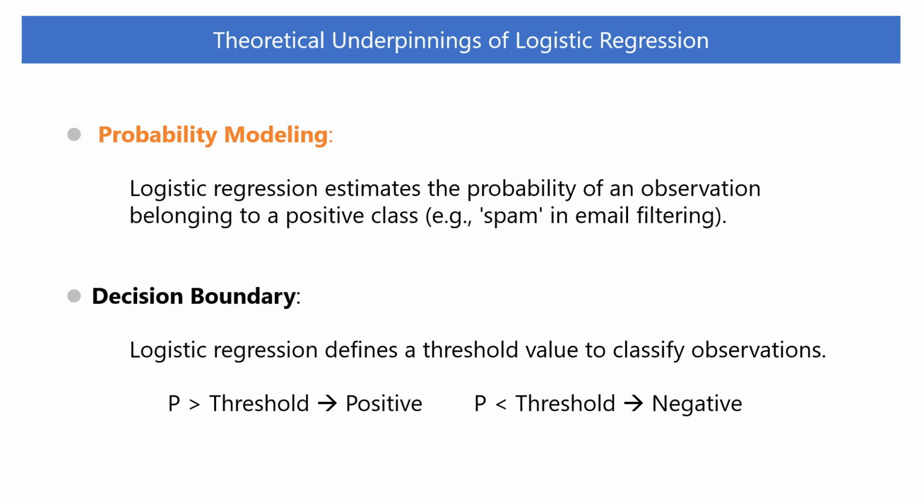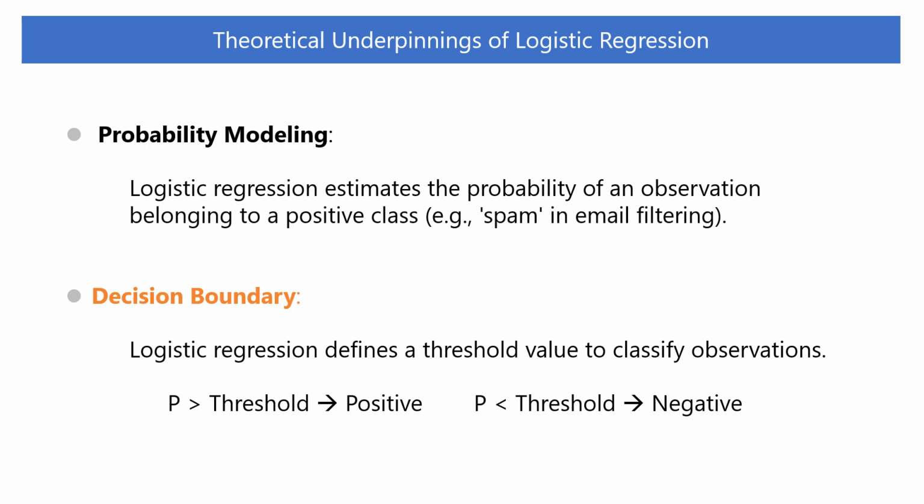A positive class usually means present, happen, or yes, and a negative class means not present, not happen, or no. The words positive and negative do not relate to goodness or badness. Logistic regression estimates the probability of an observation belonging to the positive class. In email filtering, the positive class is spam, so logistic regression estimates the probability that an email is spam.